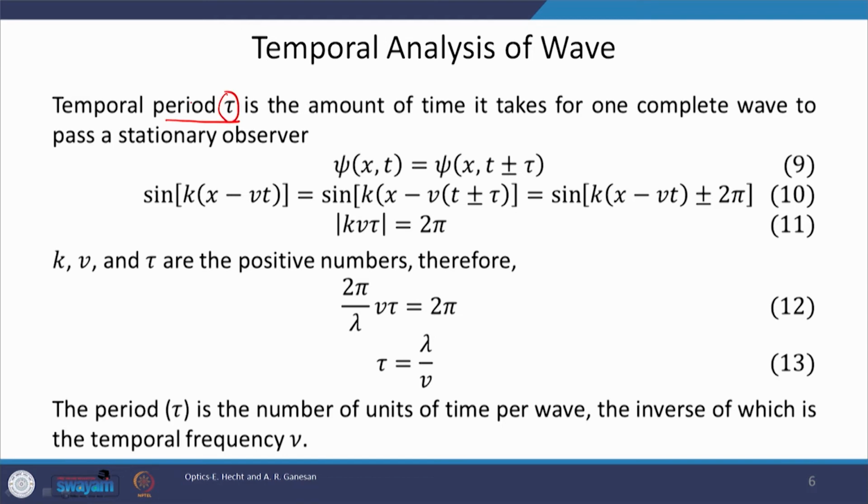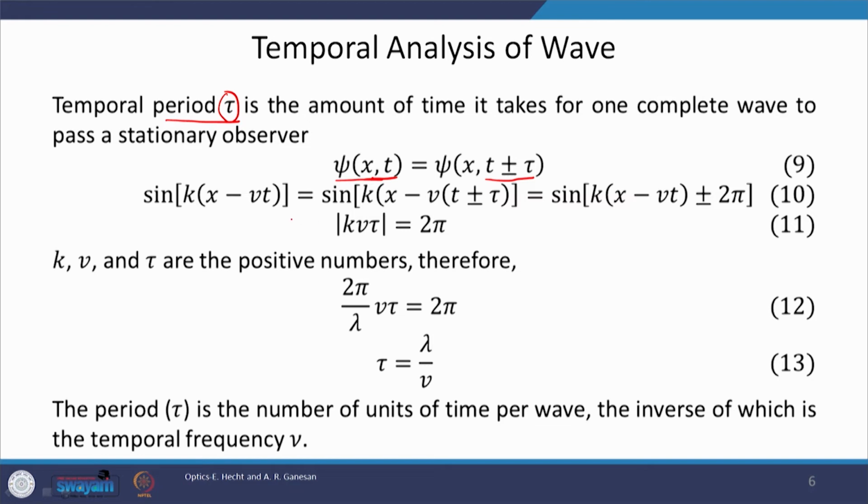Tau is the temporal period, it means the wave takes tau time to complete one cycle. Now, if you add or subtract tau in time, then you should also end up with the same expression, because tau is the periodicity in time.